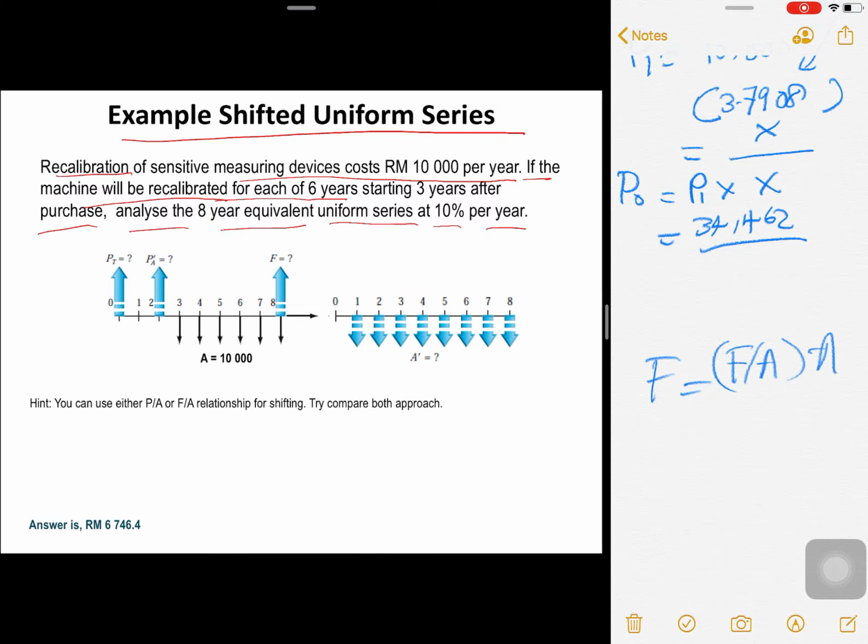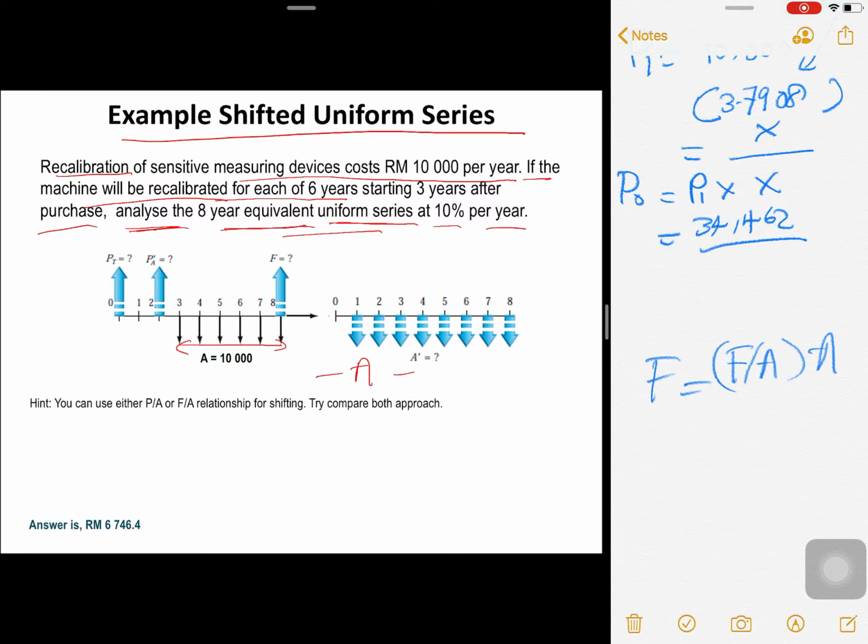From year 3 onwards, the machine will be recalibrated. The question asks you to analyze the equivalent uniform series. All it is asking is the value of A.